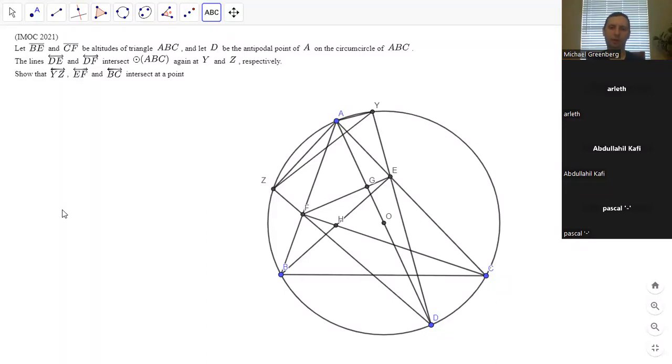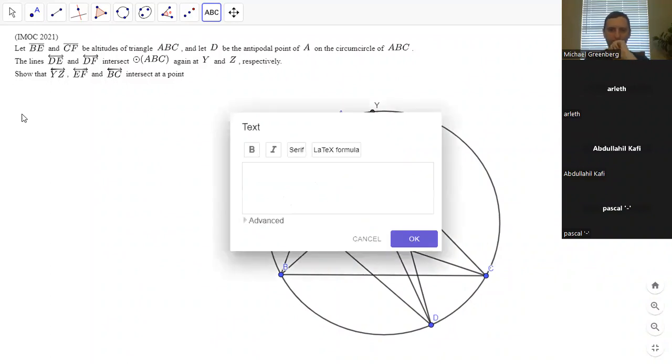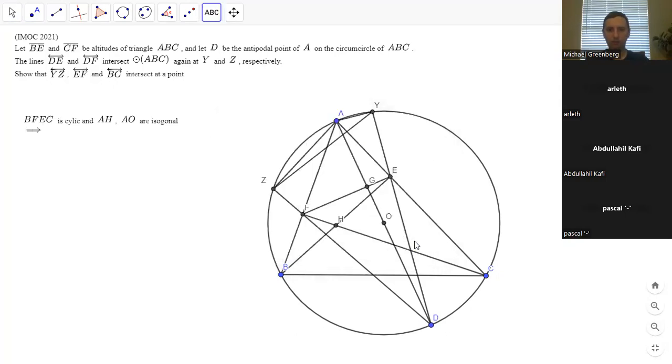So AO and AH are isogonal. So I'll just write it like this. So BFEC is cyclic, and AH and AO are isogonal. That means that AD is perpendicular to EF.